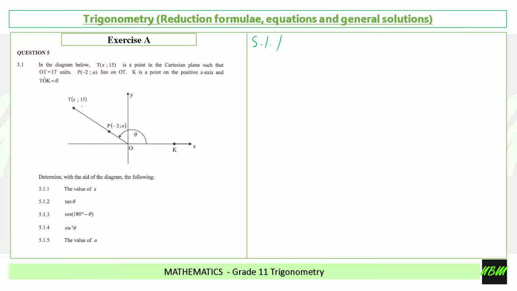Now let's focus on point T. We have x and y. x is x, y is 15, and OT, which is the radius, is 17. Therefore, let us make use of Pythagoras to find the value of x. x squared plus y squared is equal to r squared.